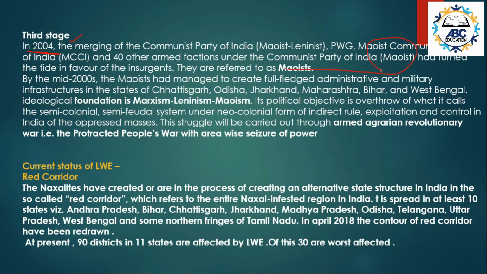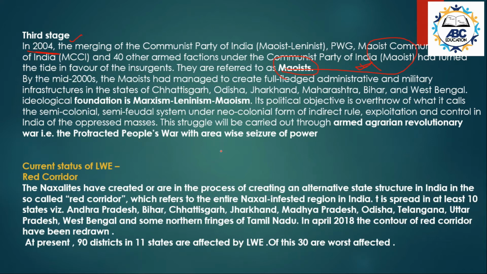And after 2004 their expansion stopped. Now it is just known as one umbrella organization or just one party called CPI Maoist, and now they are all collectively referred to as Maoists. मतलब अब different factions नहीं हैं, all the factions got merged as one umbrella organization and which actually strengthened them. Okay, because अब ऐसा नहीं है कि बहुत divisions हैं या बहुत सारी parties हैं, अब एक single party है.